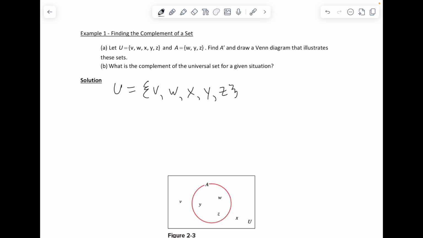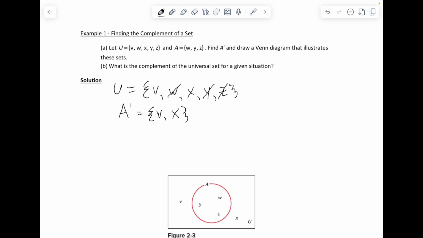What we could do is in our universal set, literally cross out the ones that are in A, so the W, the Y, and the Z. And what's left is a V and an X, right? So we could say that A complement is equal to V comma X.